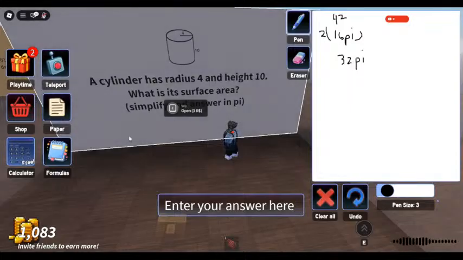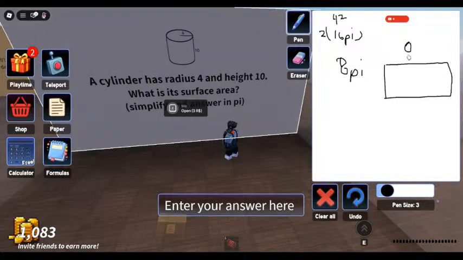Not 2 pi r squared. So then actually just 8 pi. That's the circumference of it. 8 pi times 10. So then we will have 80 pi.